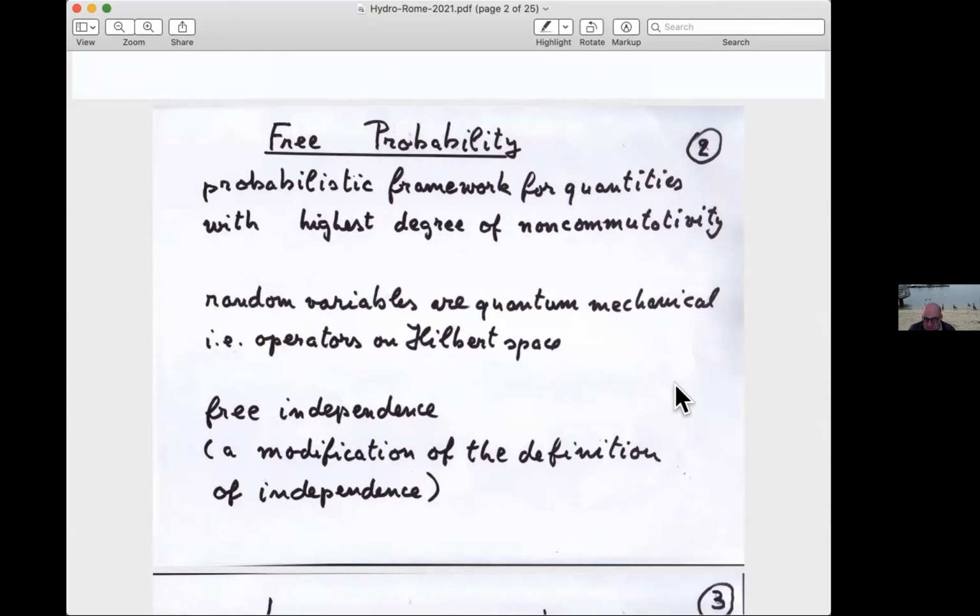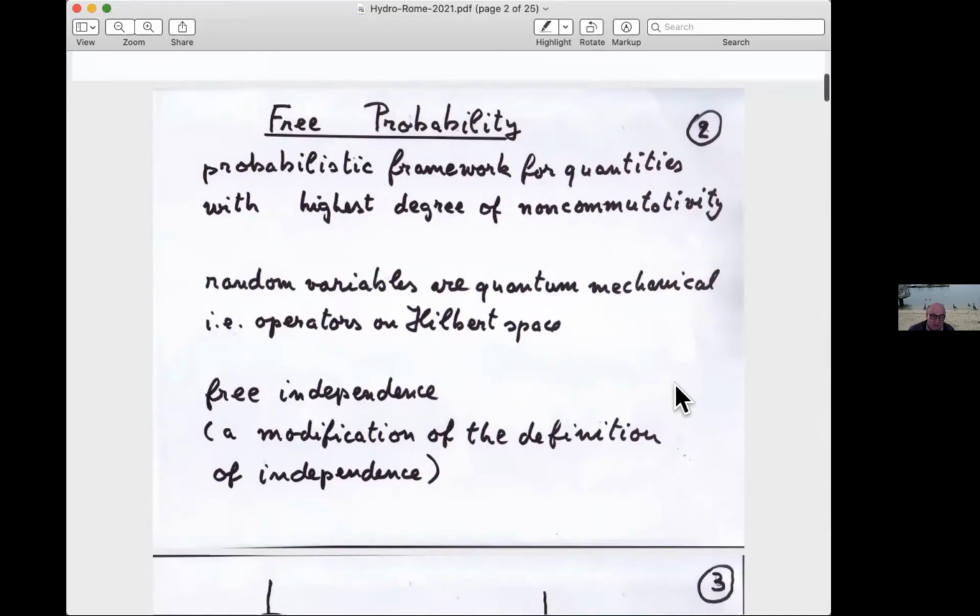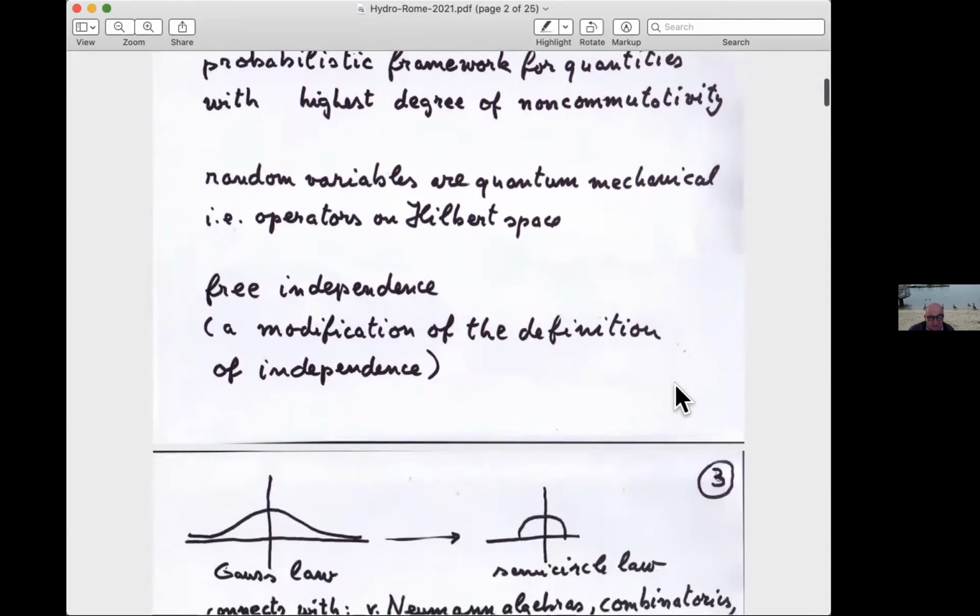It imitates free products in a sense, while the usual independence imitates tensor products.